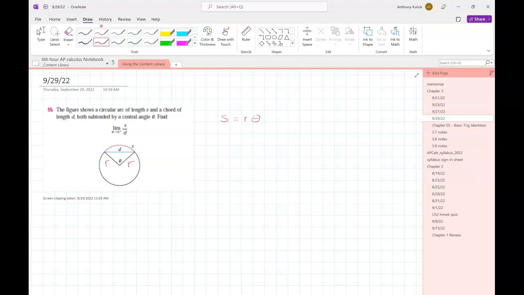And then D, well, that's a side length in a triangle, but it's not necessarily a right triangle. So I'm going to use the law of cosines, where I know that D squared is equal to r squared plus r squared minus 2r times r cosine theta.